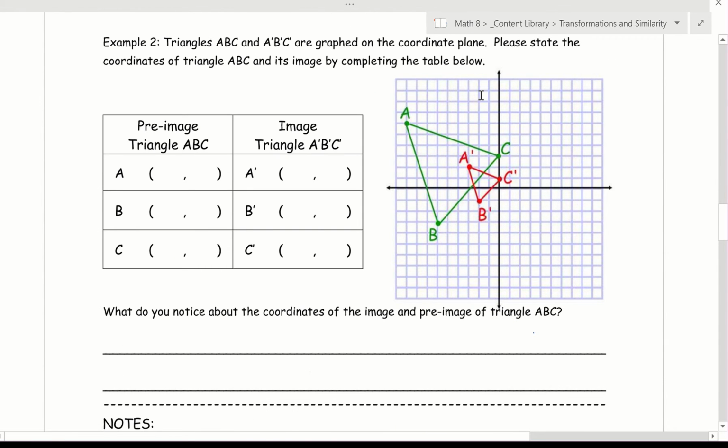Example 2. Triangles A, B, C, and A prime, B prime, C prime are graphed on the coordinate plane. Please state the coordinates of triangle ABC and its image by completing the table below. So ABC, if you want to pause and do this yourself, you can do that. It's that green triangle. We have -9, 6.